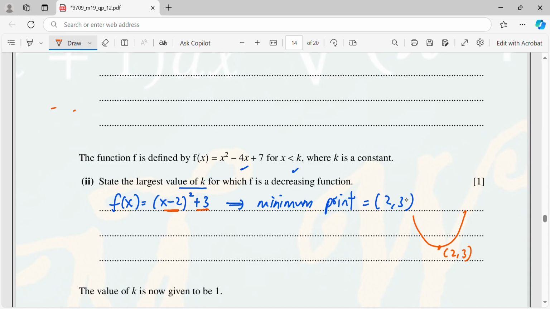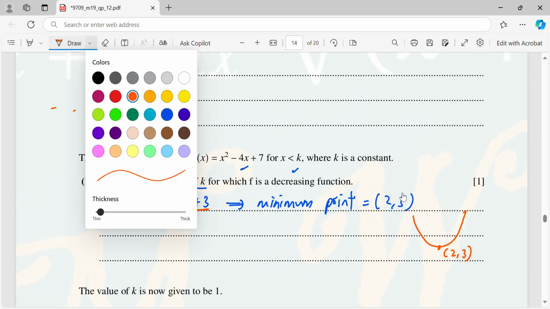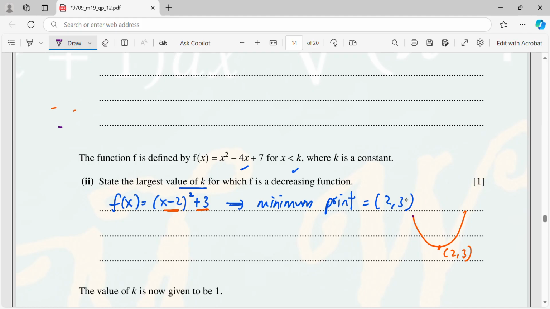Now, state the largest k for which f is a decreasing function. Obviously, when you sketch a graph and you refer to this graph, the graph is decreasing for this part. That means the largest x is 2. So x is less than k. That means your x is less than 2, right?